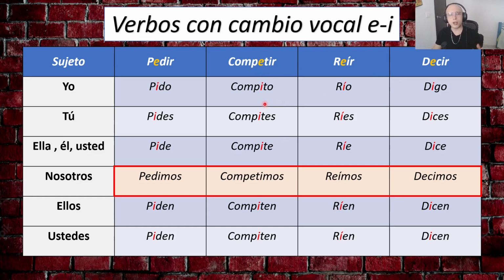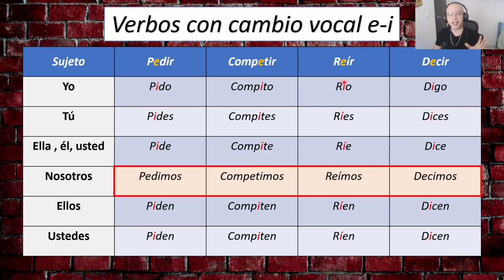For example, competir, let's change that E into an I. Yo compito, tú compites. Remember to be repeating as I'm telling the verbs, okay? Ella compite, él compite. Nosotros, careful, competimos. Ellos compiten. Ustedes compiten.